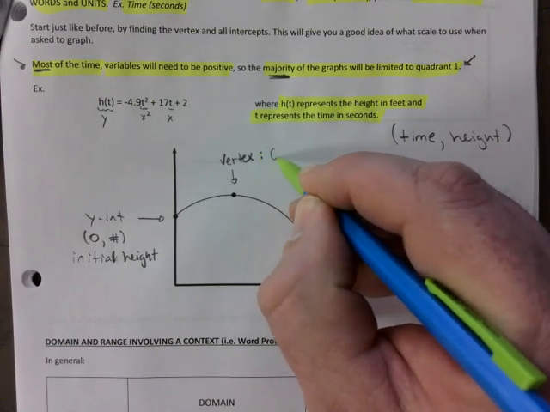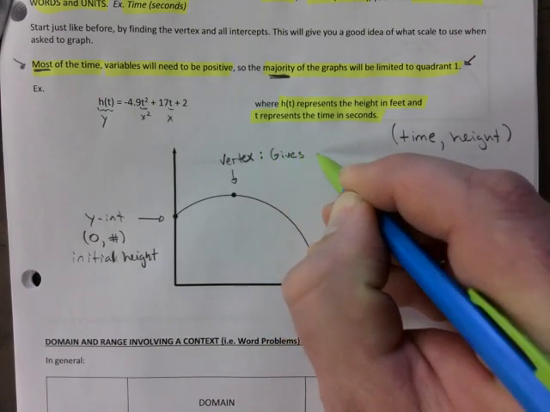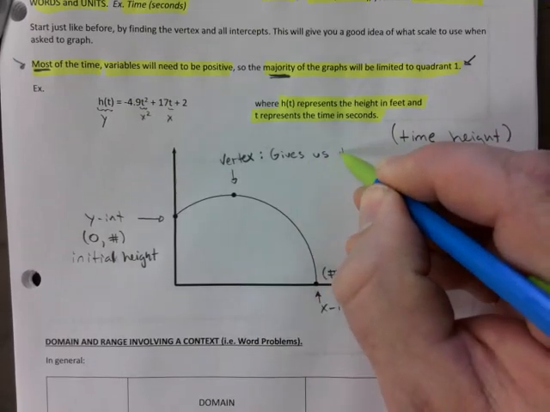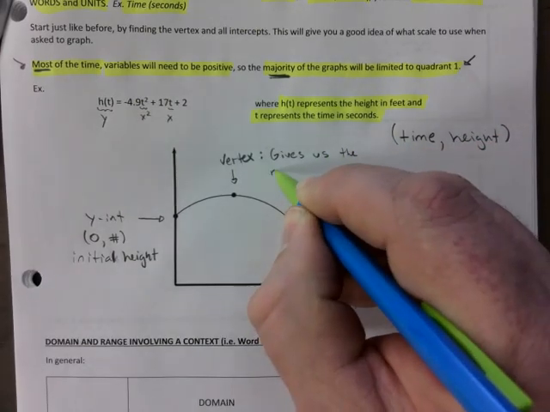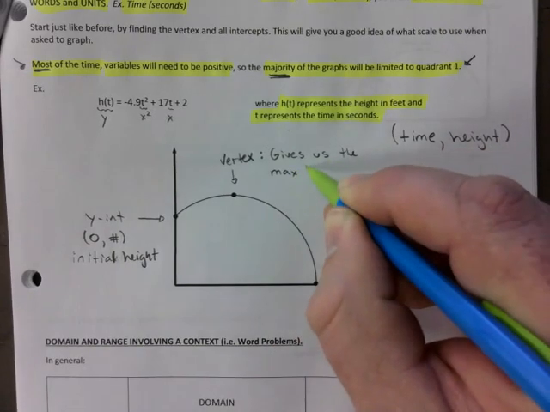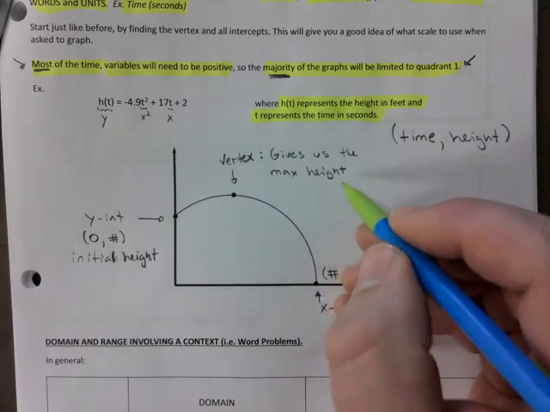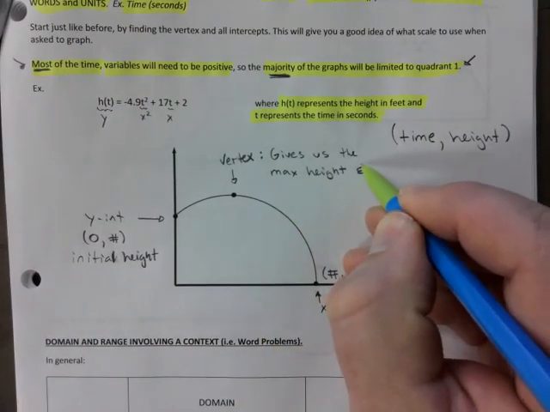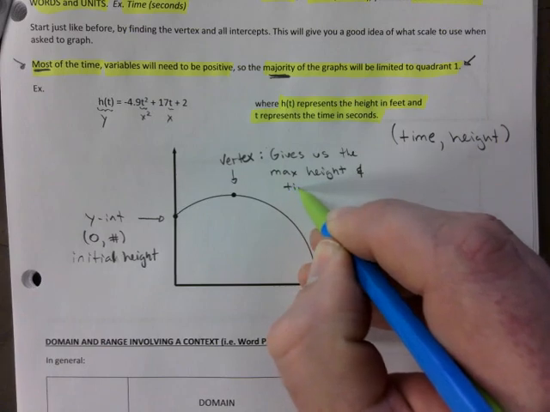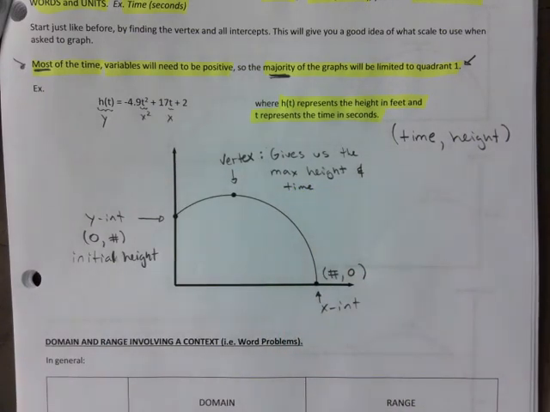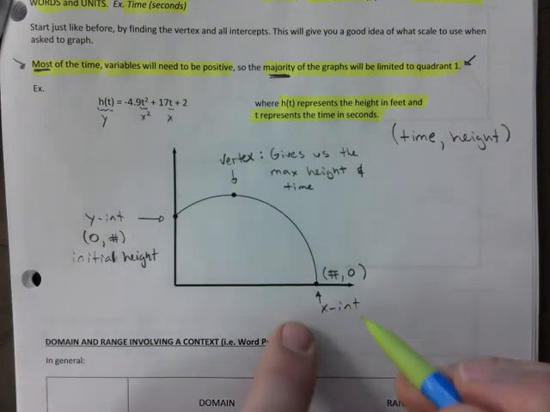It gives us the maximum height in this case, and the time at which that's going to occur. So it gives us both. If you find the vertex, you're going to know how long it will take to get there, and also what is the greatest height.